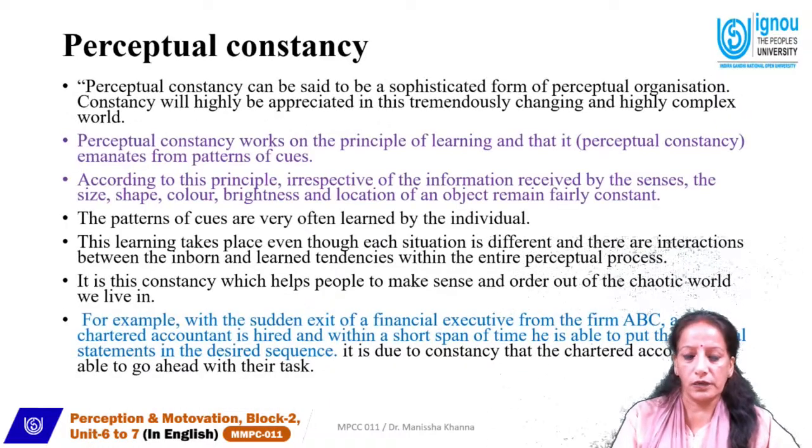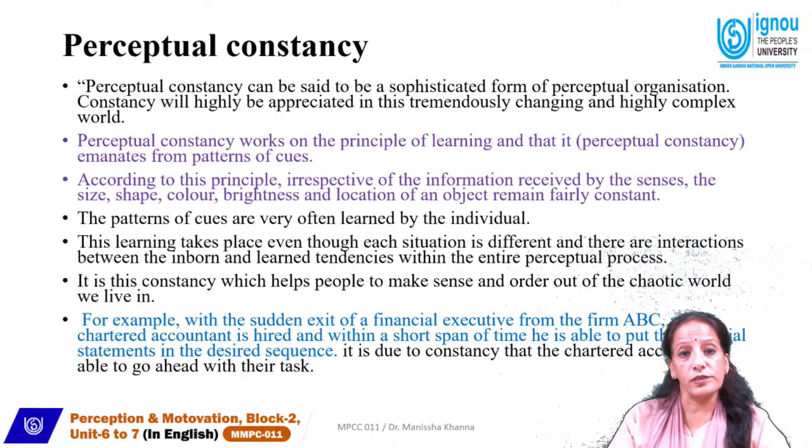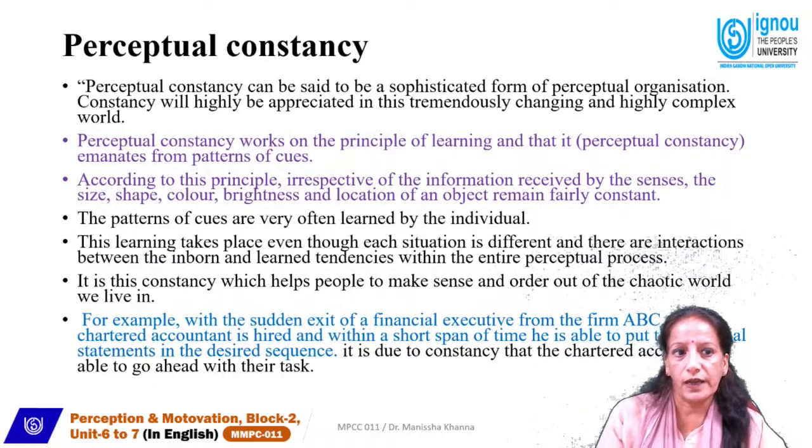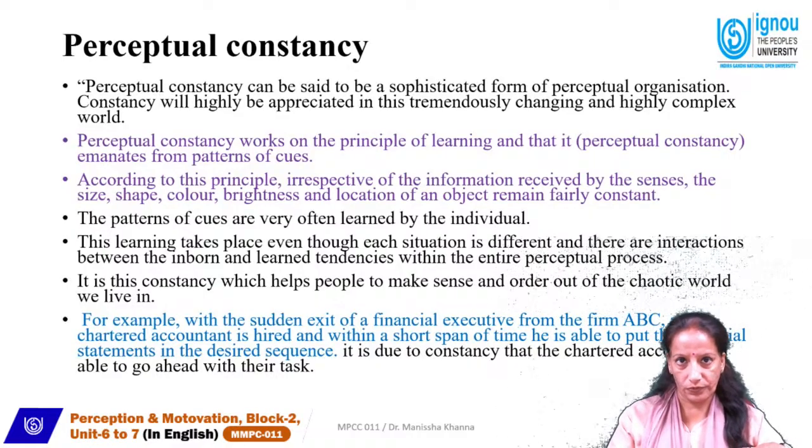So then let's see what is perceptual constancy. Perceptual constancy can be said to be a sophisticated form of perceptual organization, in terms of how we are able to arrange patterned and highly complex objects or things.